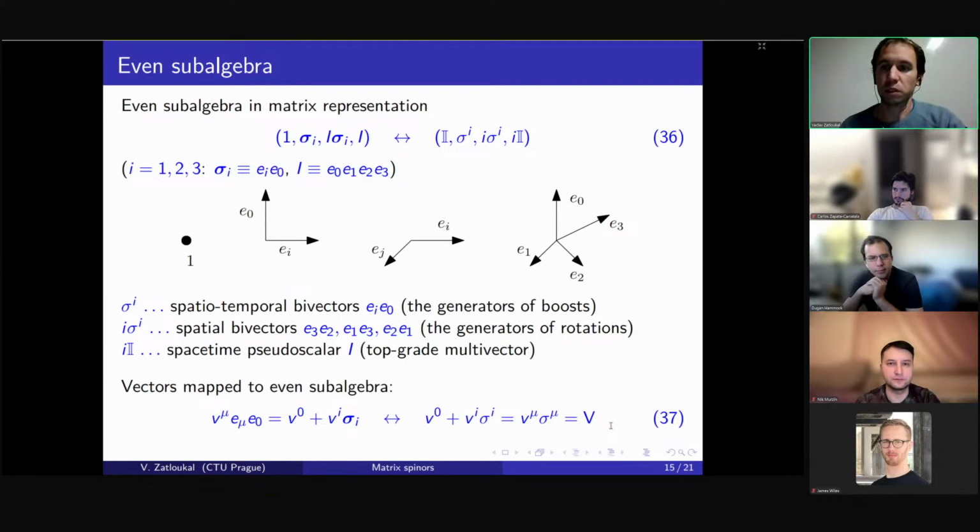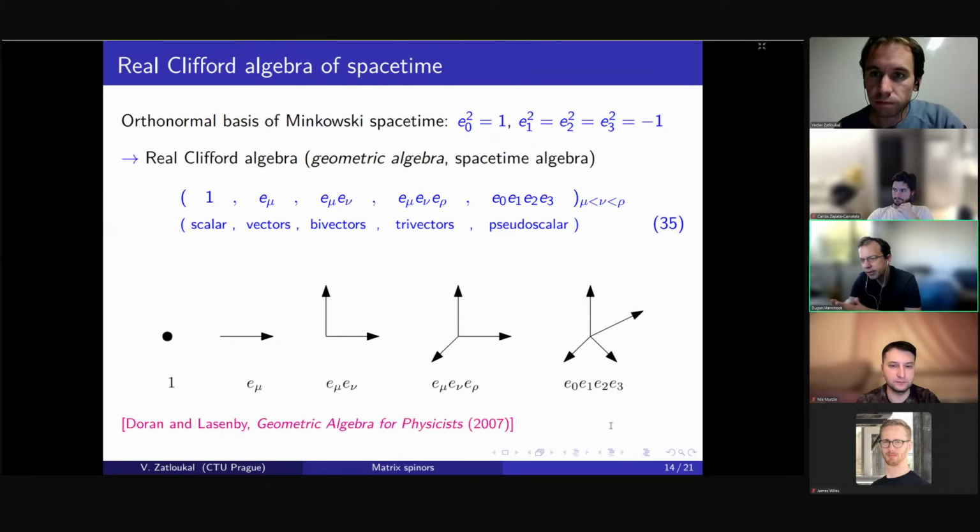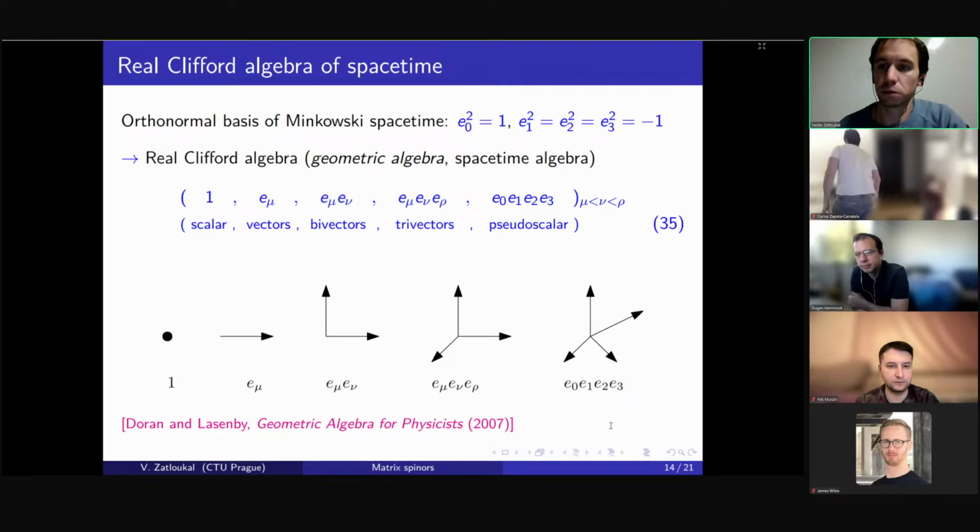And you indicated the signature in the previous slide: E naught squared is +1, and the rest, 1, 2, or 3, are the spatial dimensions, so those have negative signature. Yeah, this is the metric convention that is usual in quantum field theory, I would say.